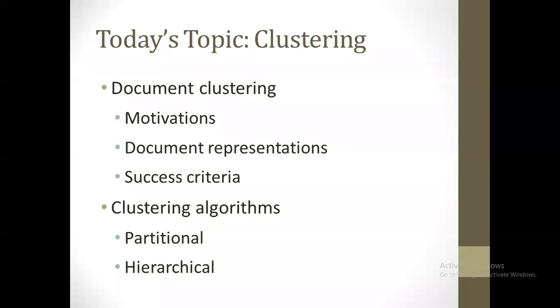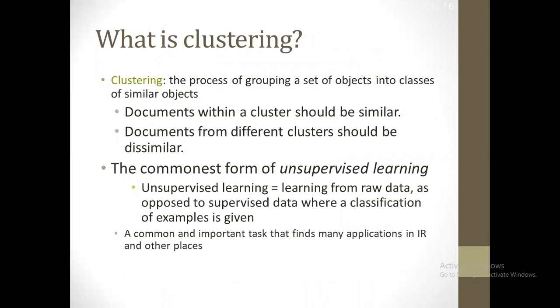So what are the partitioning algorithms that we are going to study in this lecture? Here you can see document clustering, motivations, document representations, success criteria, clustering algorithms, partitional and hierarchical. All of these we covered in the previous lecture.